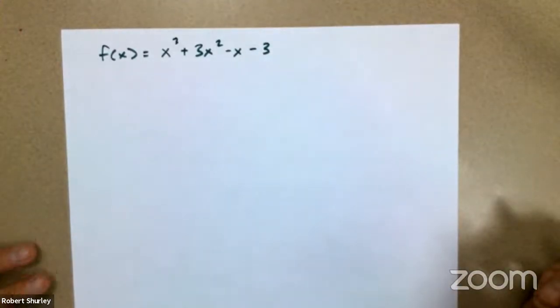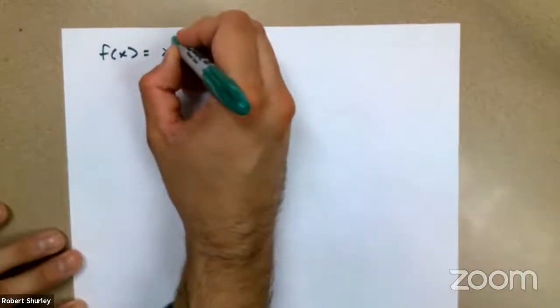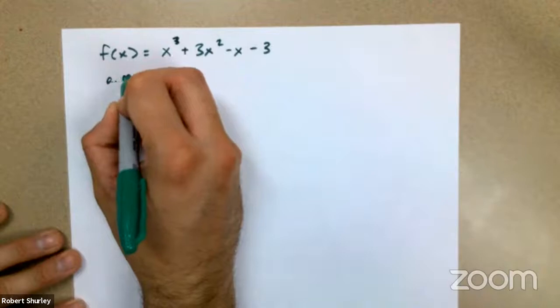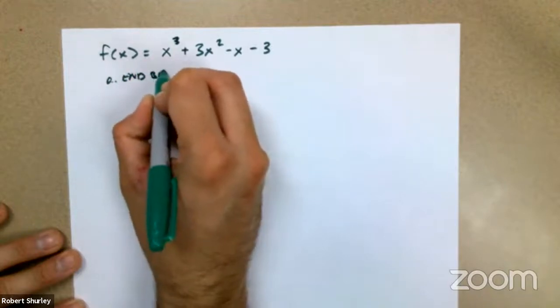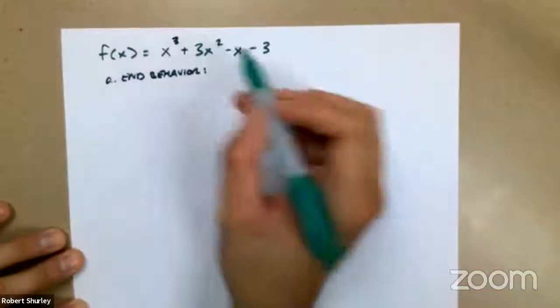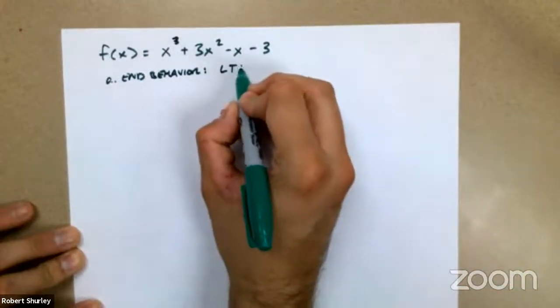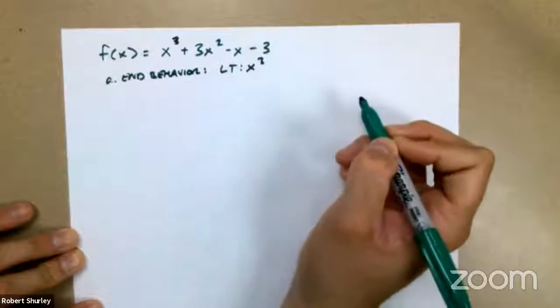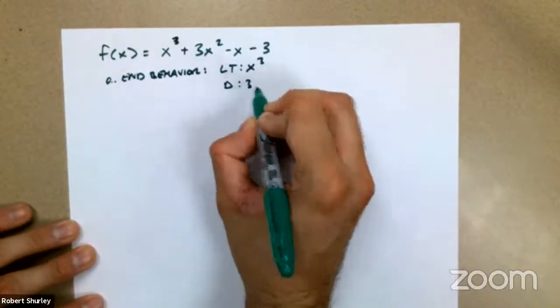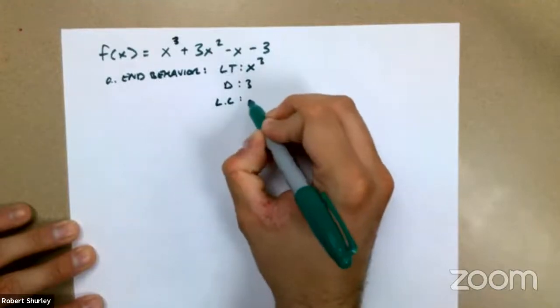Now, just for fun, I'm going to do the end behavior of this one. I know the book's not doing this, but I want to, because we went over that just a second ago. Our leading term is x cubed, so the degree is 3 and the leading coefficient is 1.